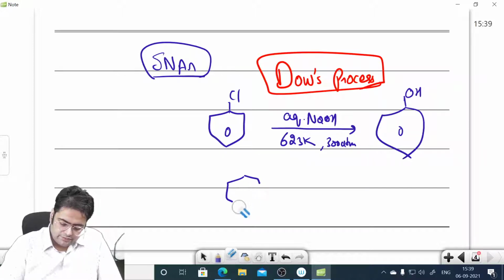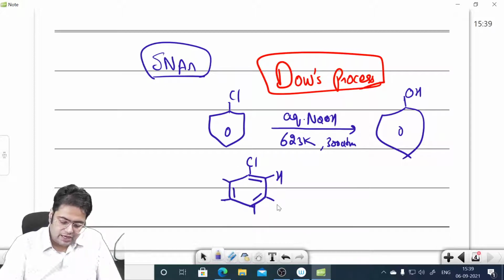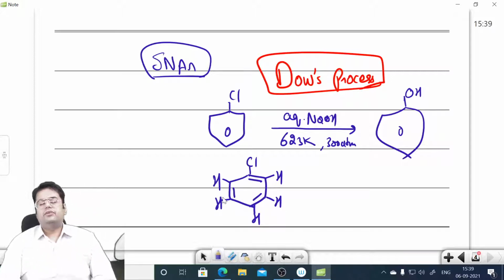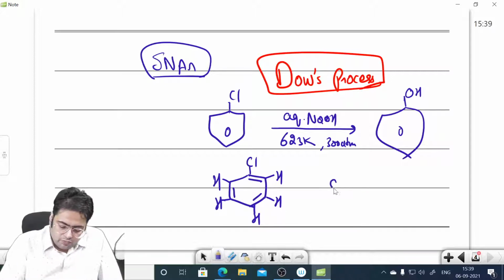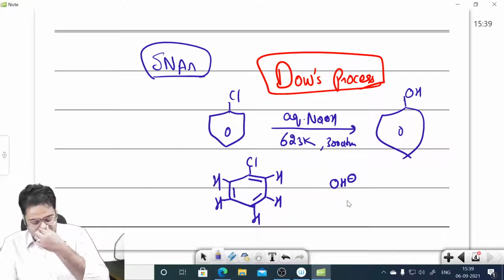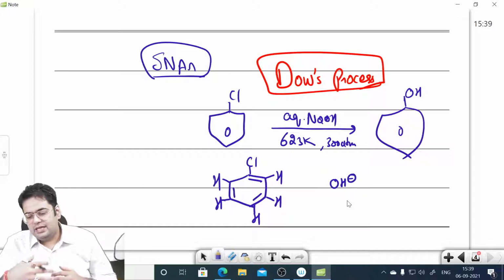So you can think like this. Let me draw it. We have this. Chlorine is located in this position, and we have these hydrogens present on the benzene ring, and one OH minus really wants to get that H. OH minus is really very hungry.